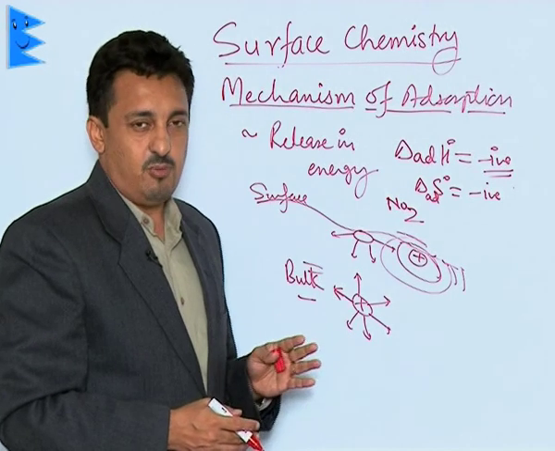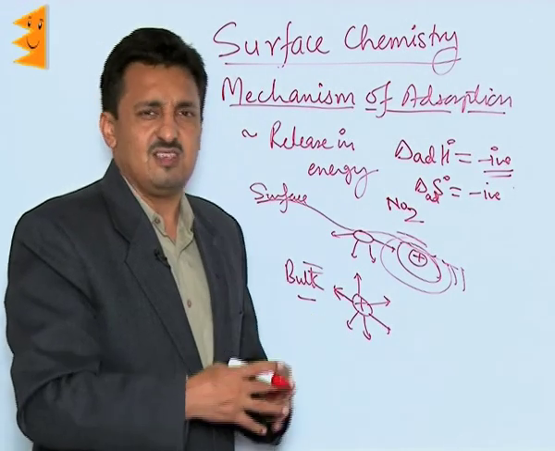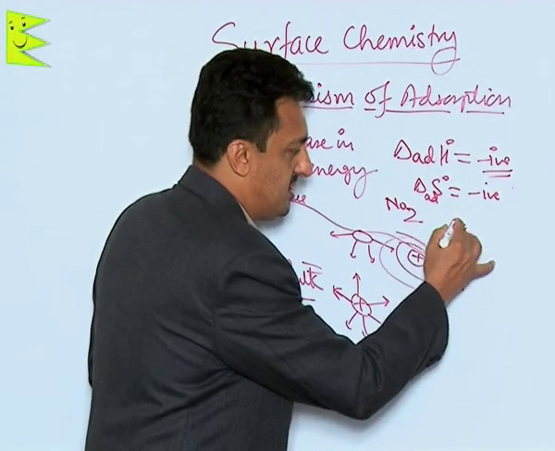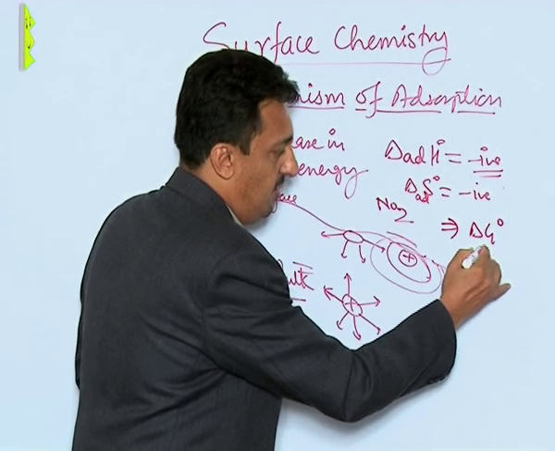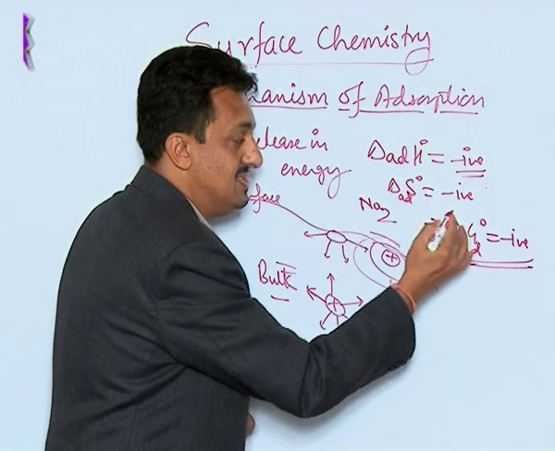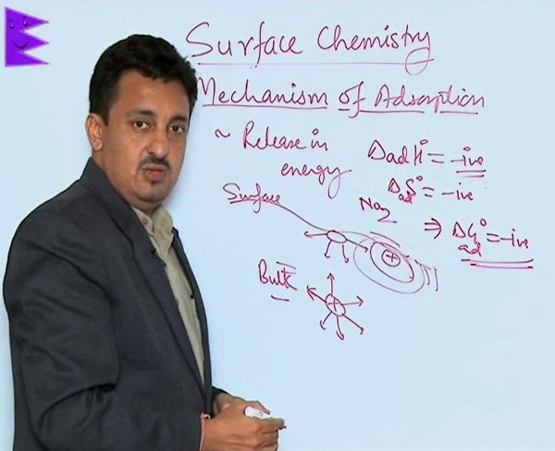But what is most important is, we know these processes are spontaneous. They take place on their own. So that means delta G of adsorption is always negative. Why?